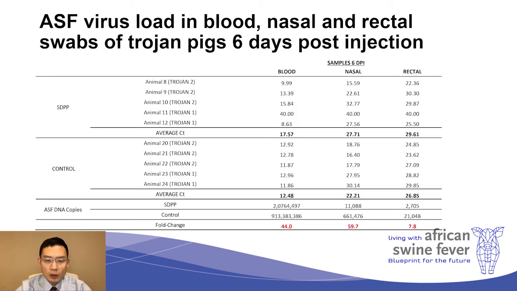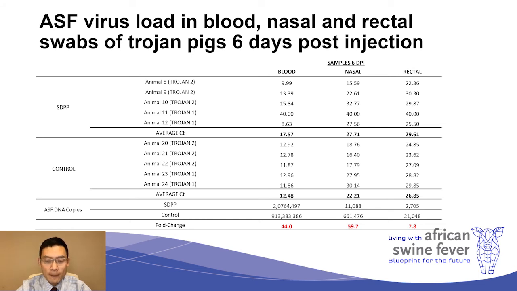Now, we also collected all the samples from blood and nasal and rectal swabs, and also tissue samples, and then later on we analyzed those samples with PCR tests and tried to look at the DNA or the genetic material in those samples to see the viral load.